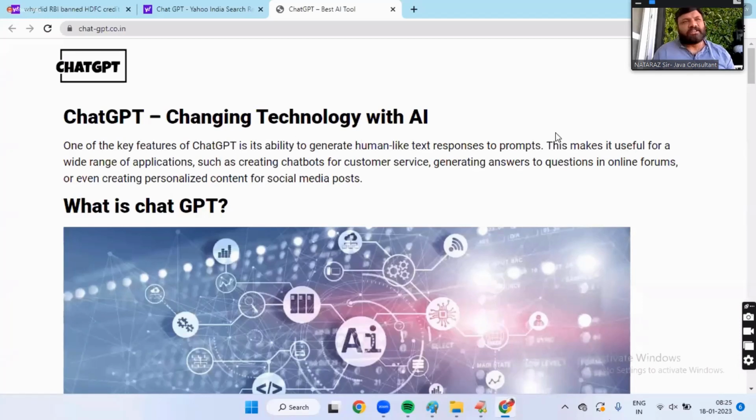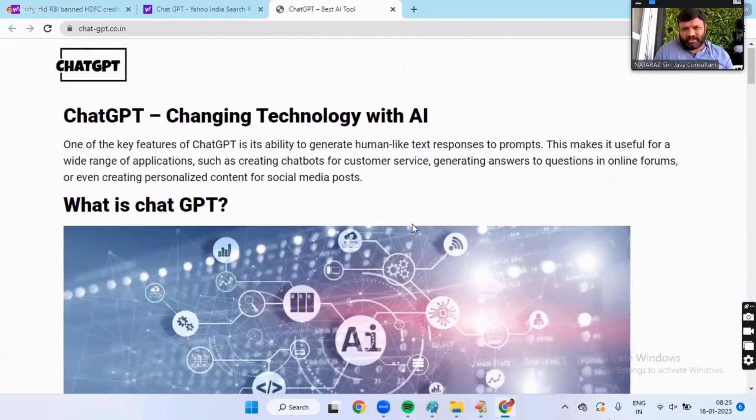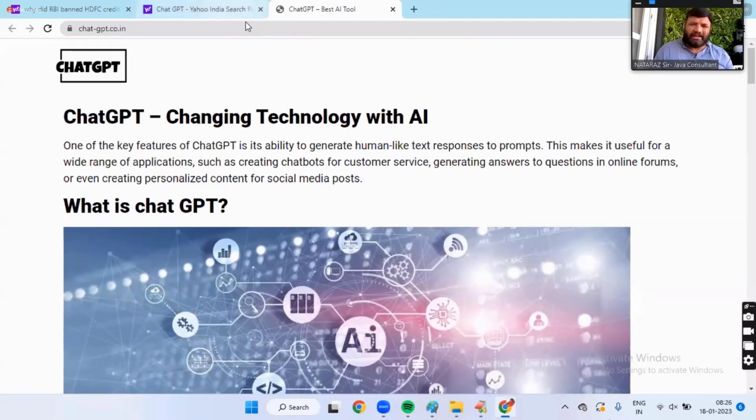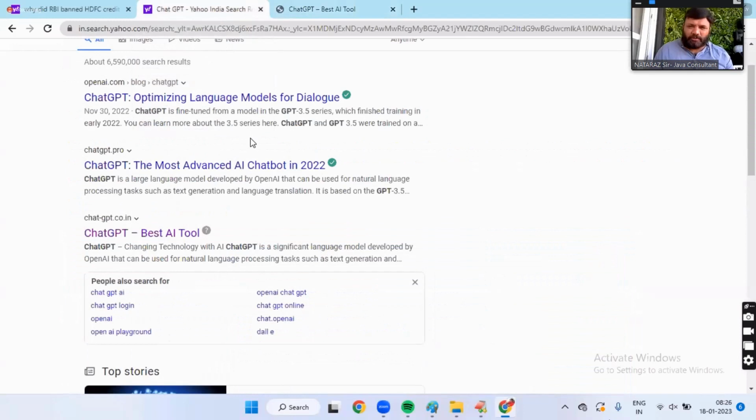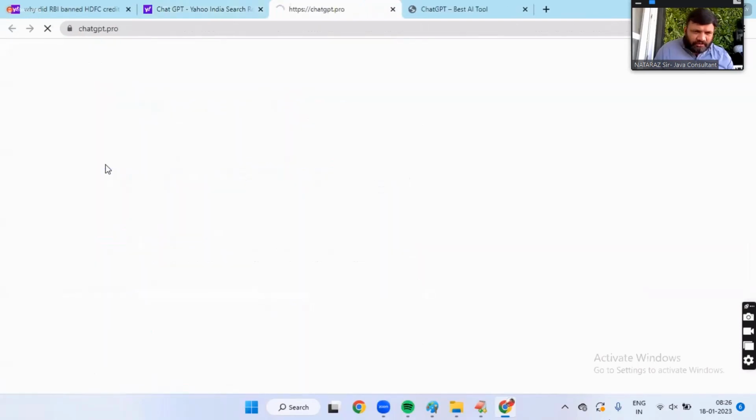Instead of giving thousands or hundreds of answers, it will give one direct answer, that too in text mode, so that people are feeling a little comfortable. But as a developer, we need multiple options to pick up the right code, right, boss?